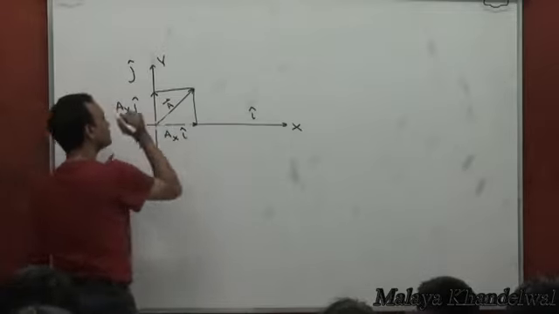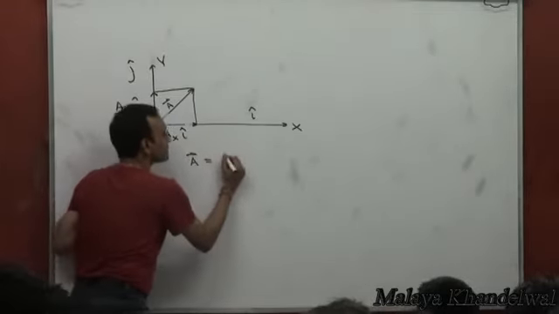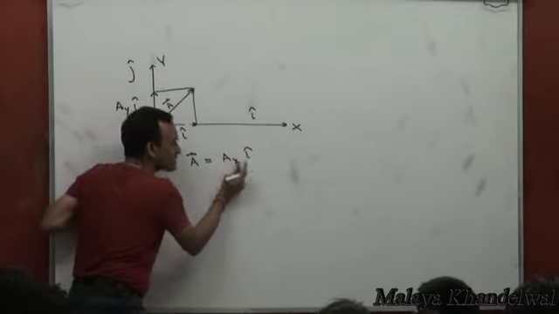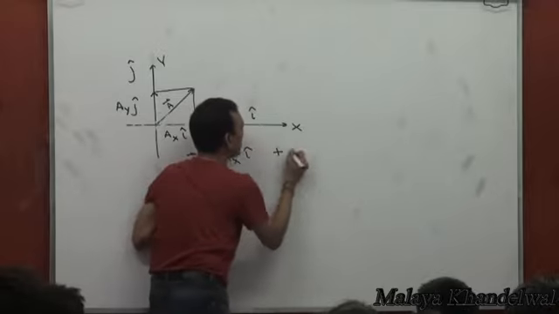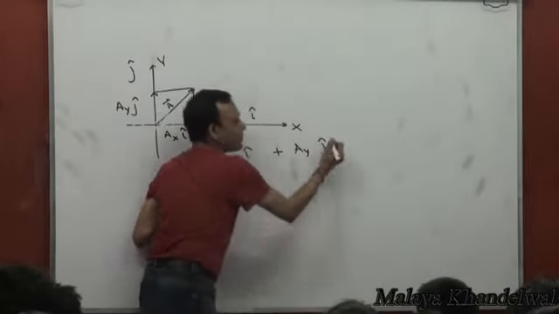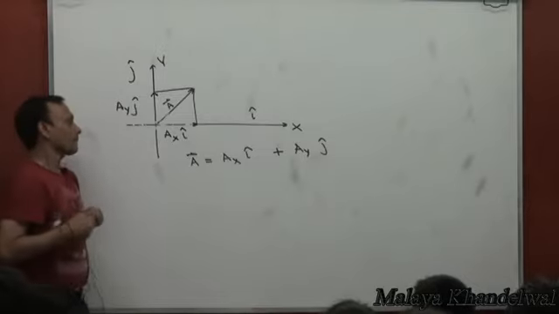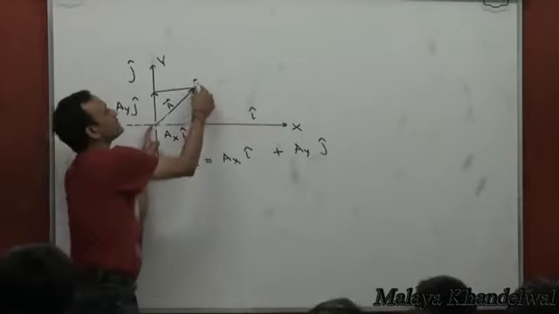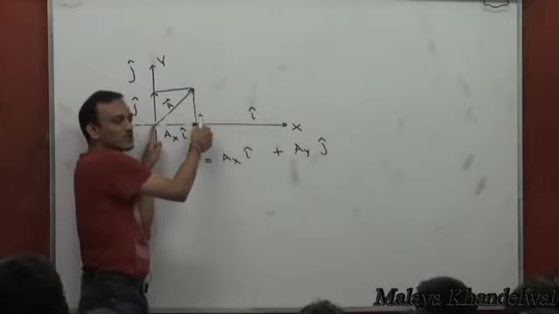Right? Now, the vector A is written as its x component AX into a unit vector in the I direction, x direction, plus AY j cap unit vector in the y direction. Clear? This length is mod A. This length is AX.